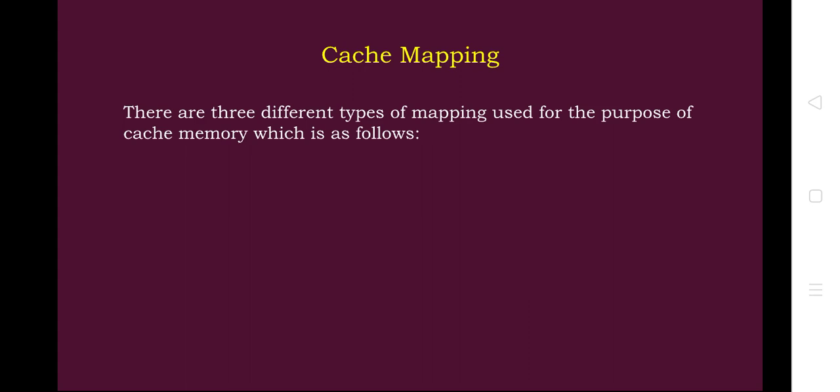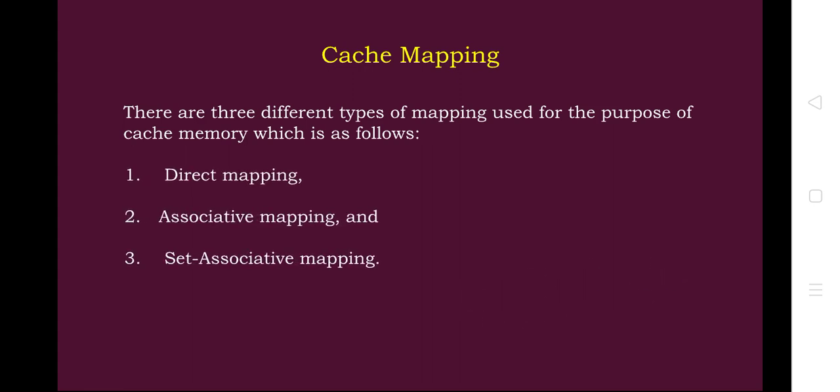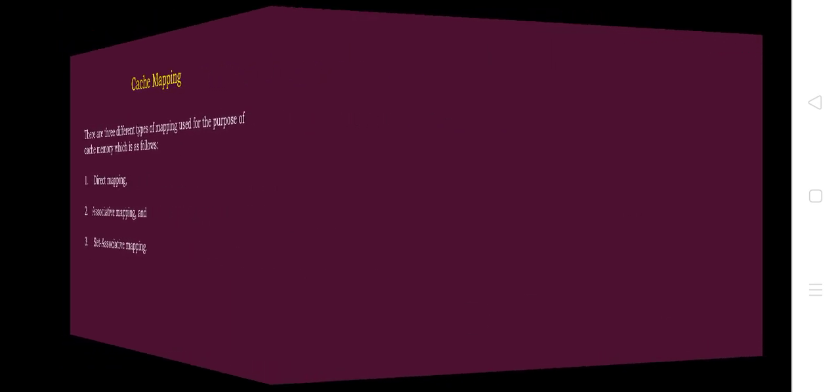So there are three different ways of mapping used for the purpose of cache memory, which are as follows. Direct mapping, associative mapping, and set associative mapping. This mapping is classified based upon how the memory lines are mapped into the cache lines. Let us see first of all the direct mapping.